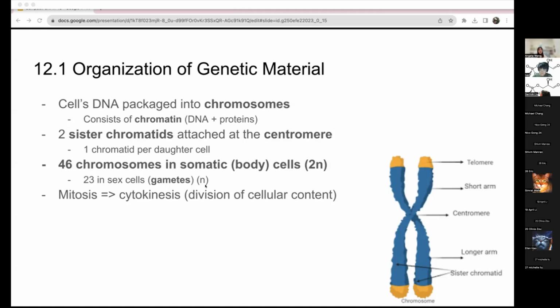There can actually be certain exceptions to this because of some disorders or issues that come up, but this is basically what generally happens. So mitosis, which we will be talking about, is the separation of these chromosomes in the cells. And then cytokinesis, which is part of mitosis but is a little different, is the division of cellular content that follows mitosis.